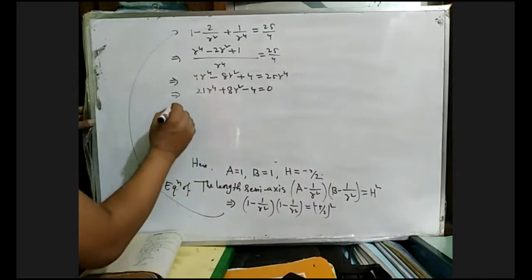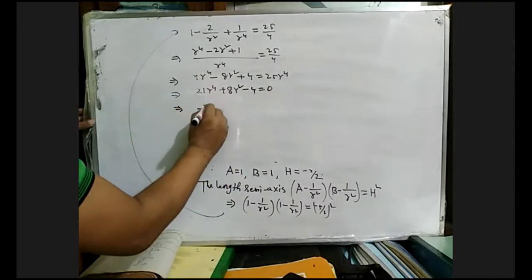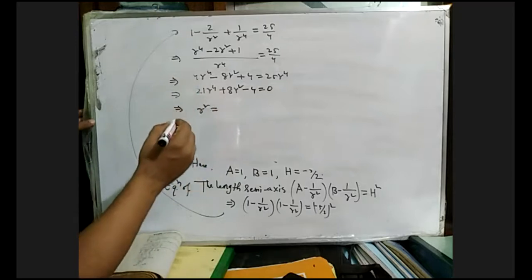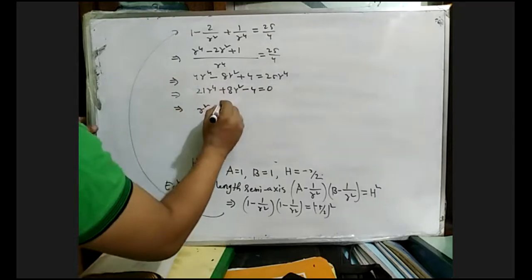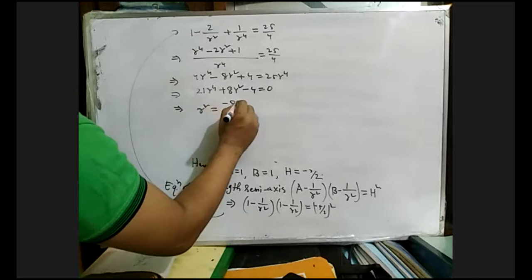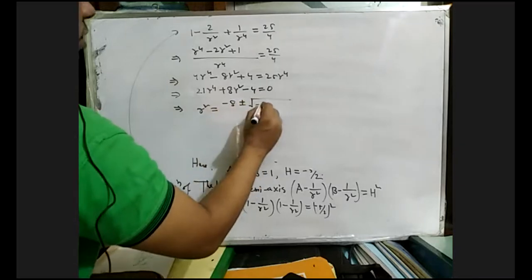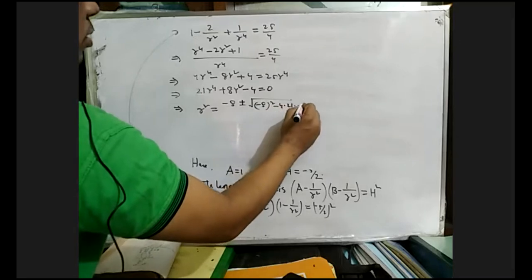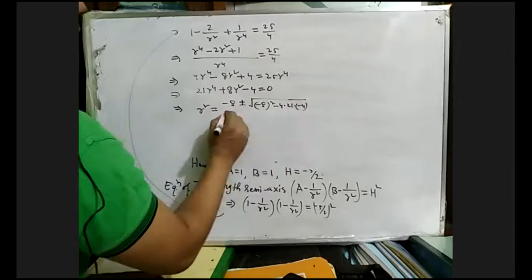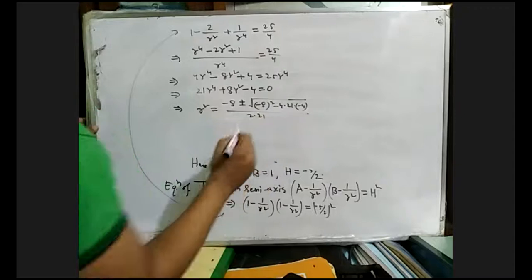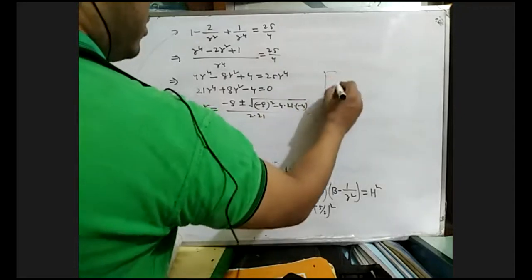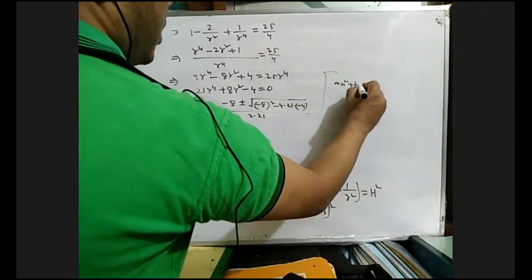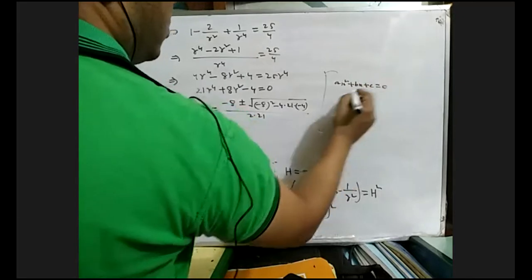Comparing with the quadratic equation, this can be written as a quadratic in r square: minus 8 plus or minus the square root of 8 square minus 4 into 21 into minus 4, divided by twice a. Just comparing with x square plus bx plus c equals 0.